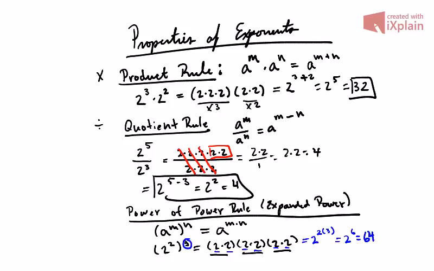So those are some of the fundamental rules and properties that you have for exponents. What I like to do in terms of writing is a to the m n power. Okay, so that would be another example.